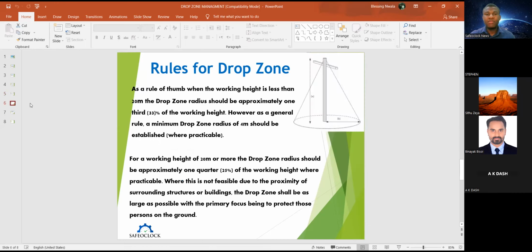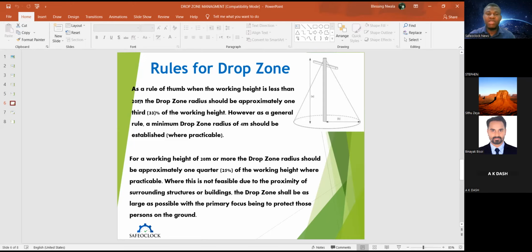Okay. Now, let's look at the rules. These are the rules that could be considered while establishing a drop zone. The first one is like the thumb rule, which says that if the height is less than 20 meters, the drop zone radius should be approximately 1/3 or 33% of the working height.